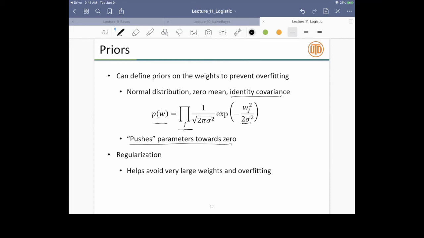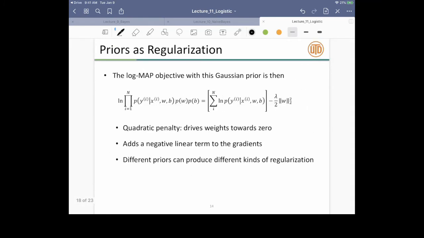But if you remember, there was one more notion that was doing something very similar, right? And this is the notion of regularization. So we saw regularization earlier, and what regularization does is that it tries to avoid large weights. It tries to make the parameters close to zero. So what is very interesting is that this very natural choice of a prior actually does something very similar to regularization.